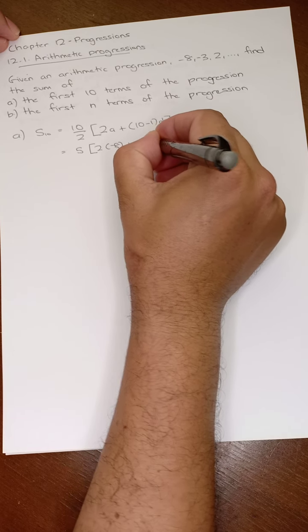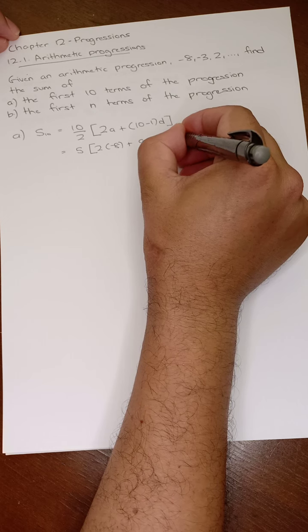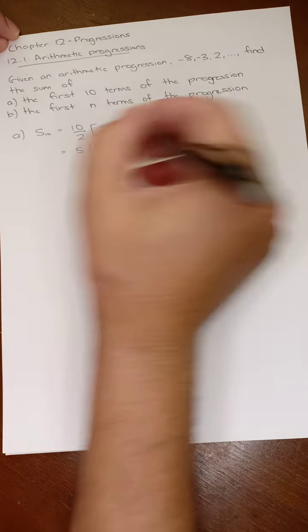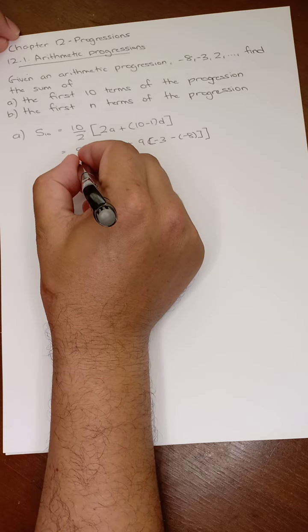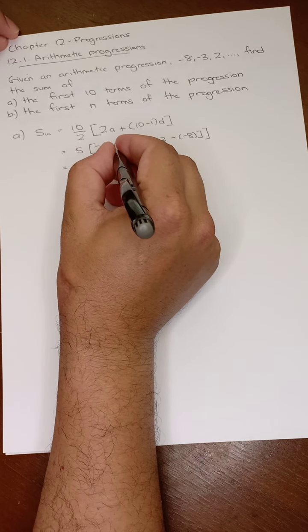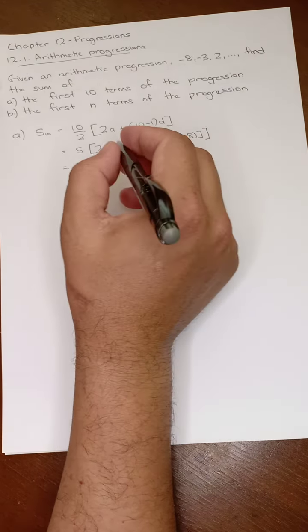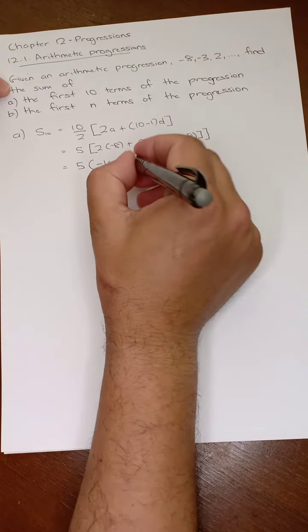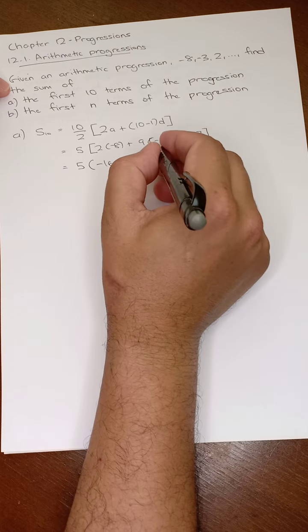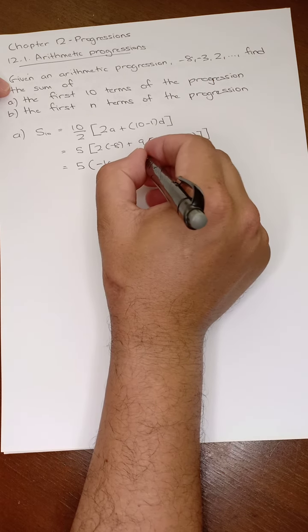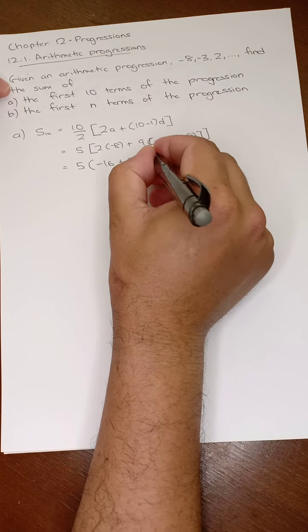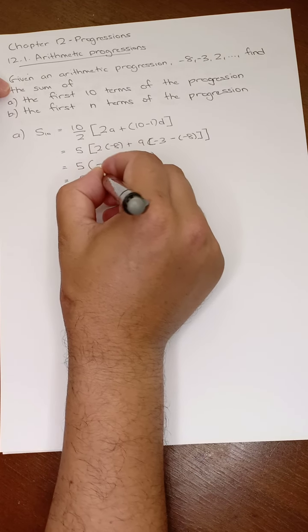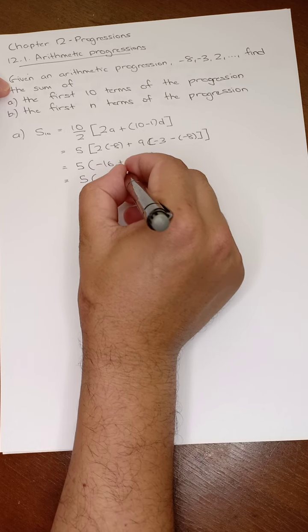So I can write there -3 minus -8. Let's try to solve it. 5, 2 times -8 is -16, plus 9 times the difference, which is 5, so 5 times -16 plus 45.